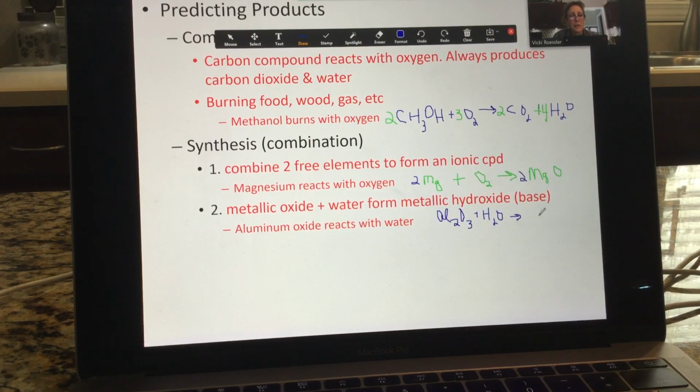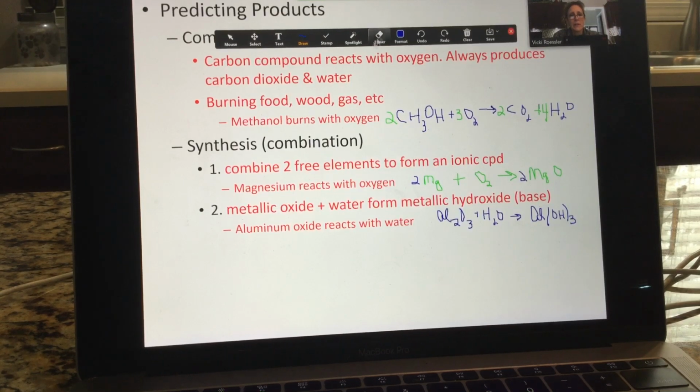So again, our metal, in this case, is aluminum. It still has a +3 charge, and then hydroxide is polyatomic OH-. So when we crisscross their charges, that will give us Al(OH)3. Okay, so that's our metallic hydroxide, or a base, whatever you want to call it.